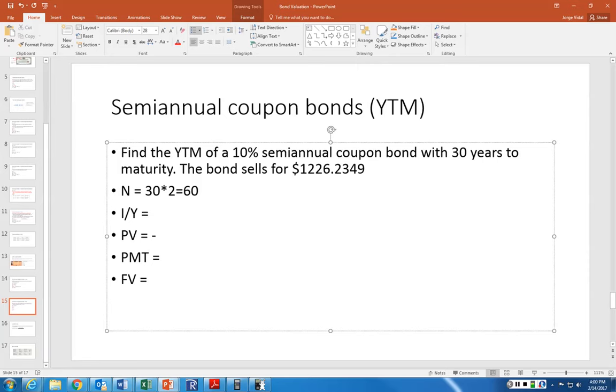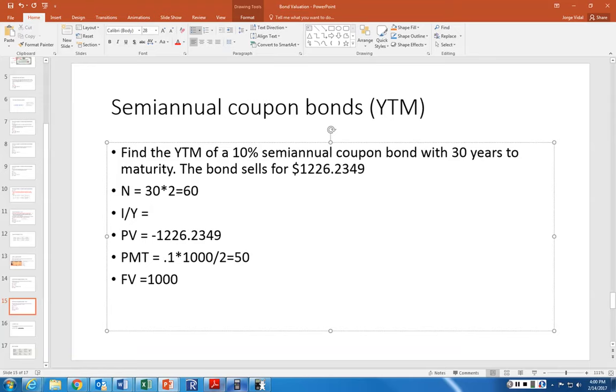The present value is 1,226, and I will use more decimals to be more accurate. Payment is 50 and future value 1,000. Don't forget here, why 50? It is 10% times 1,000, and then you divide that by 2, which equals 50.